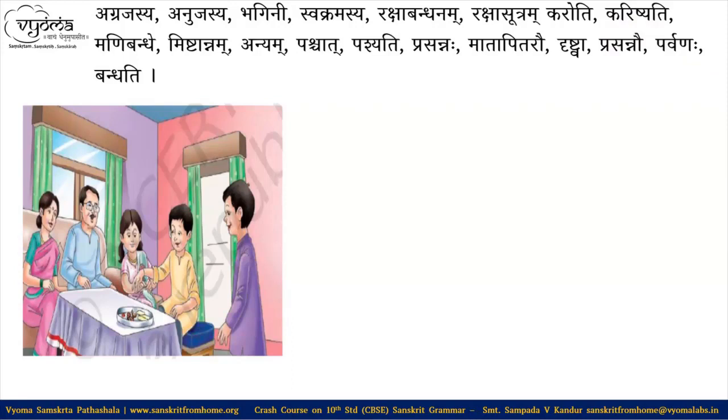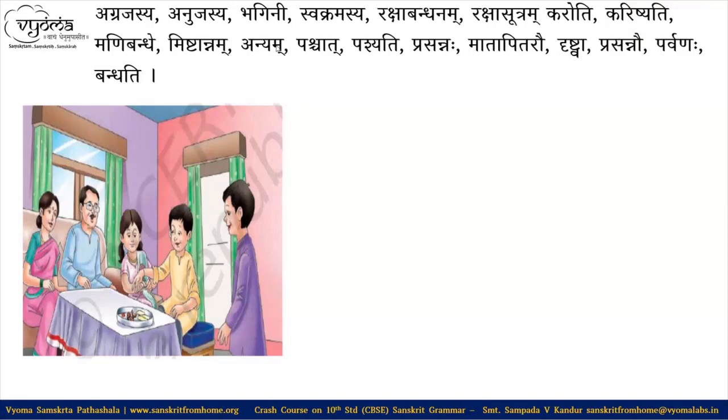This is a picture of a family. Very good. This is a picture of a family. Then what do you see? What do you observe in this? There are children. How many are there? 3. 3 children are there.